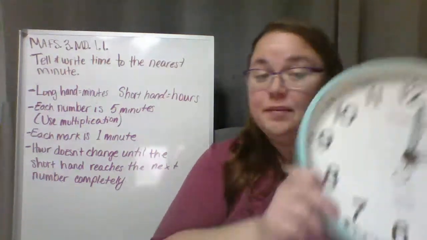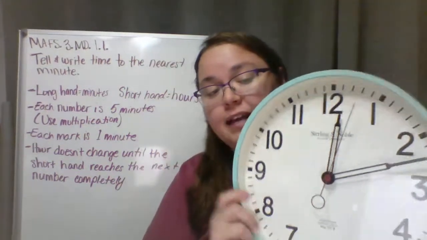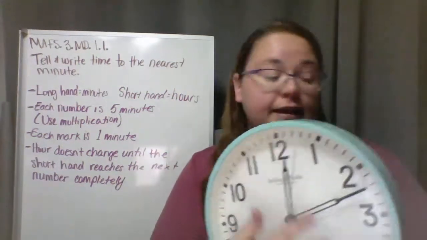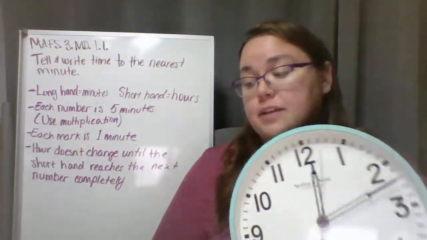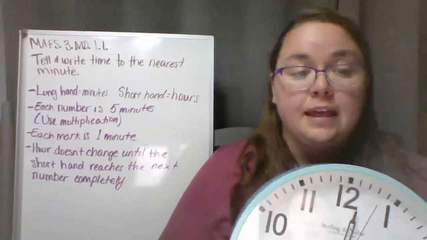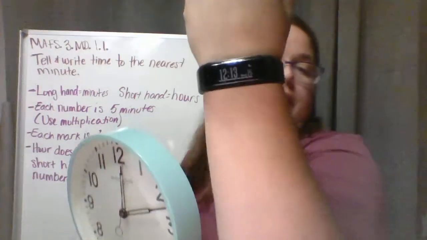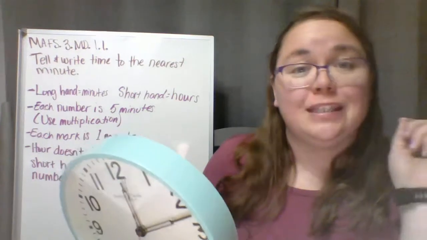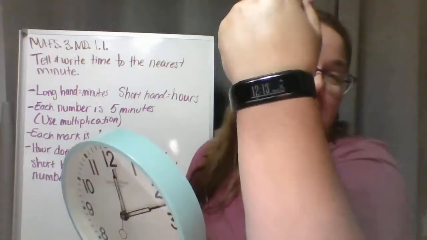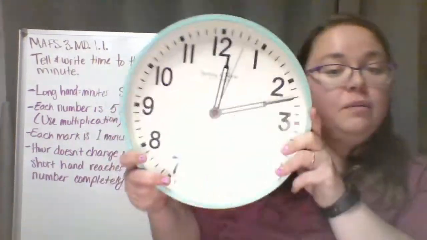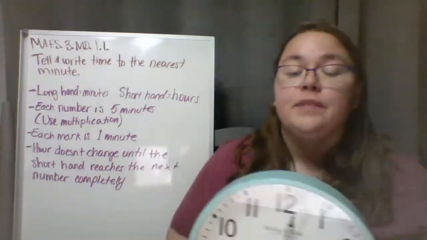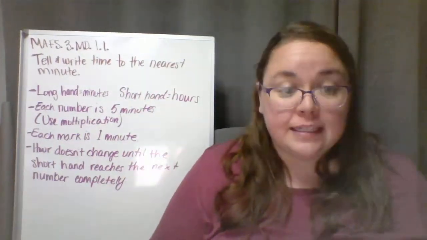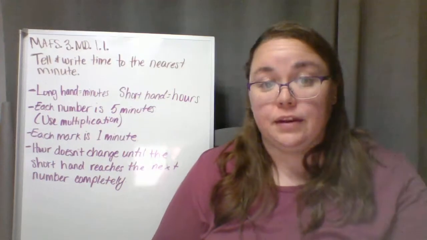So this would be an analog clock because it has the moving hands, and it has the face with the numbers on it, where a digital clock is like this, which tells you how late I'm up right now. It's 12:13 in the morning. So that would be a digital clock, where this would be an analog clock. So we're going to be talking about telling time on an analog clock to the nearest minute.